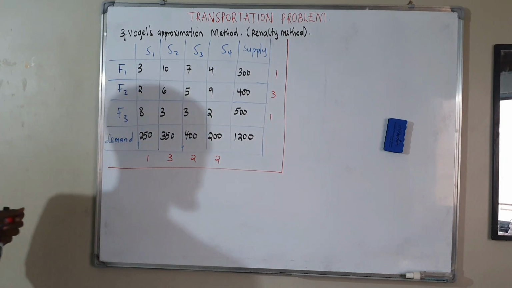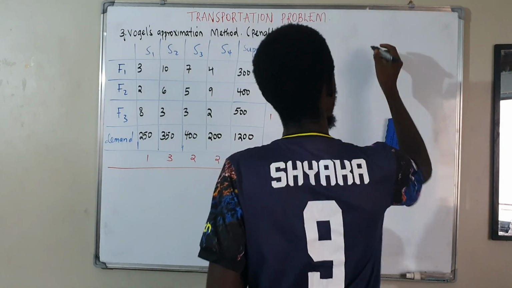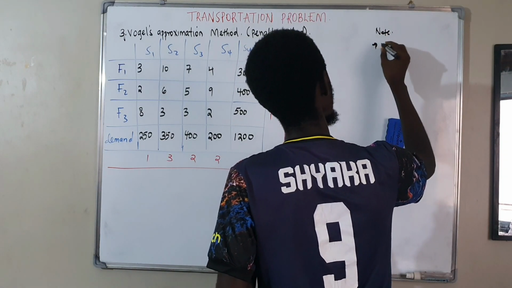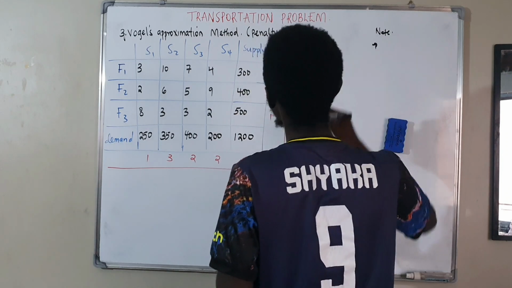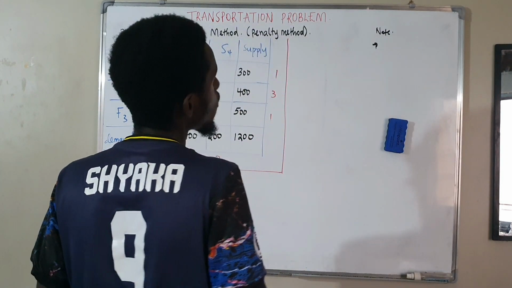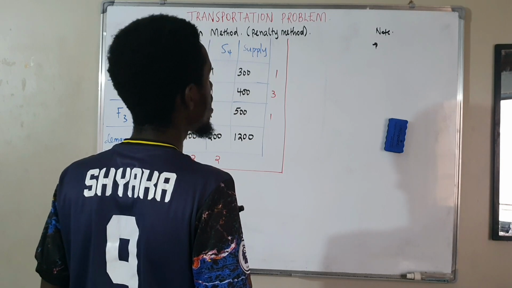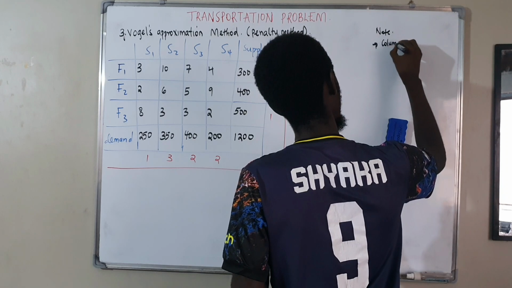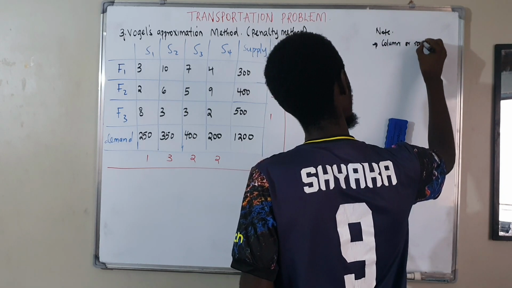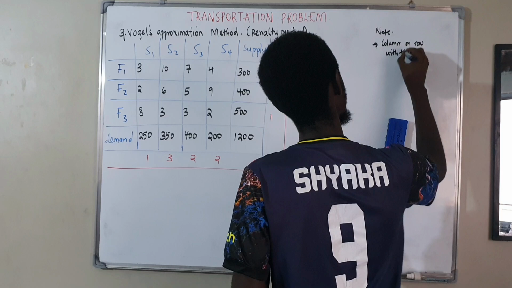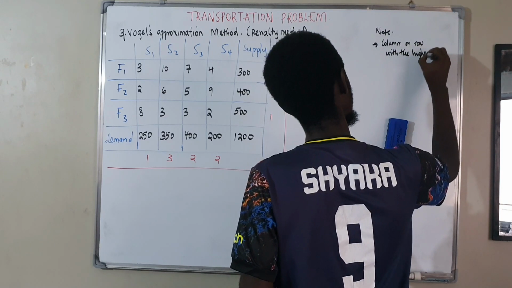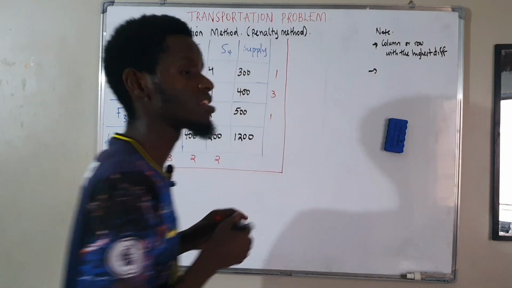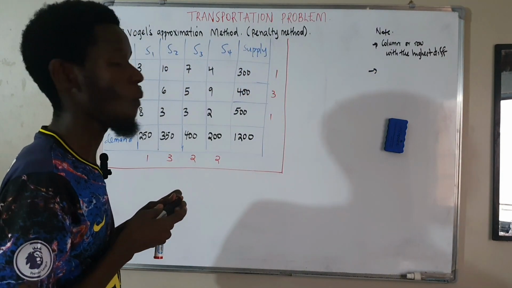Now what you have to note first is that we shall always choose the row or column with the highest difference. Now, if the highest differences are the same, what should we do?